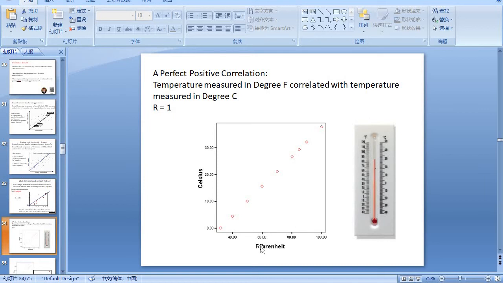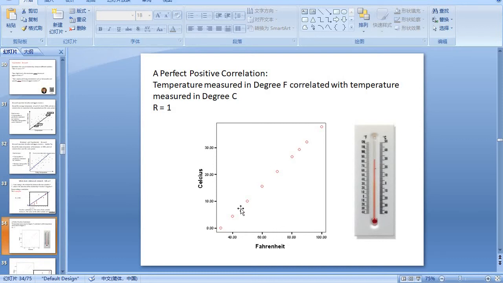This means that suppose you know right now the temperature in Fahrenheit in this room is 60 degrees. Can you figure out exactly what is the temperature in Celsius degrees? Yeah, there's a one-to-one correspondence between these two variables. These two variables measure the same thing. They measure the heat, the amount of heat in the room, in the environment, in the air.